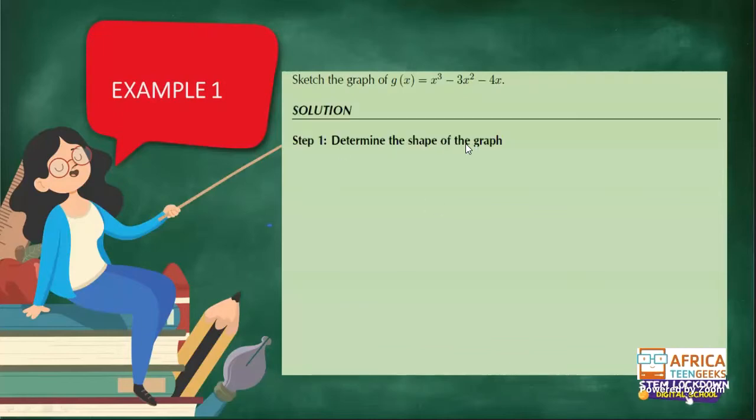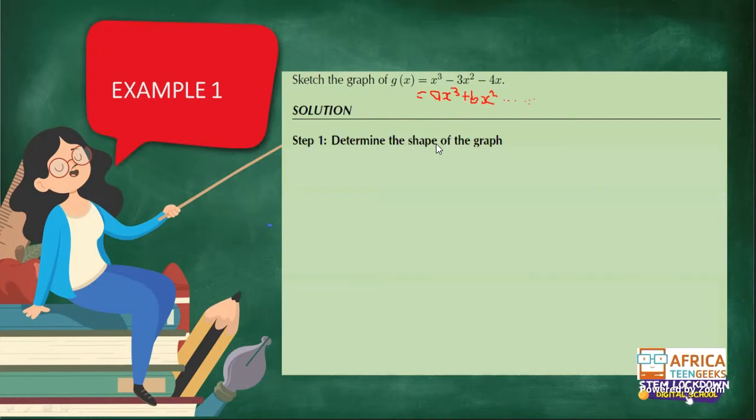determine the shape of the graph. So it means we need to write our equation in the general form, with the bx squared term, so that we can determine the shape of the graph.